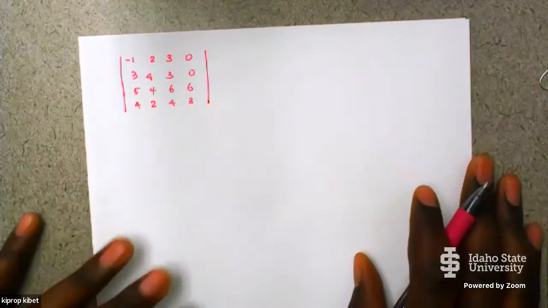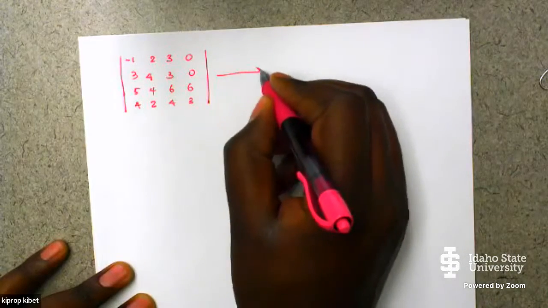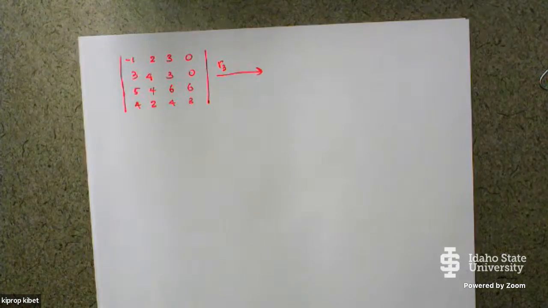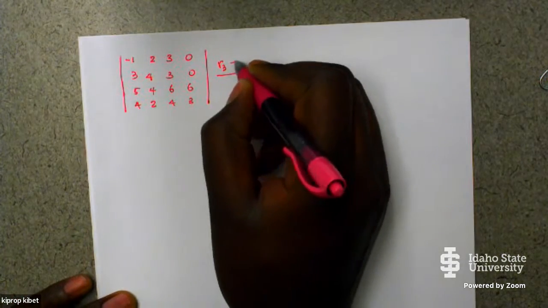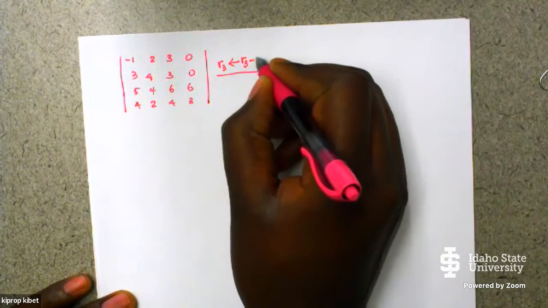To make it 0, let's say to get the new R3, it should be R3 minus 2 R4.